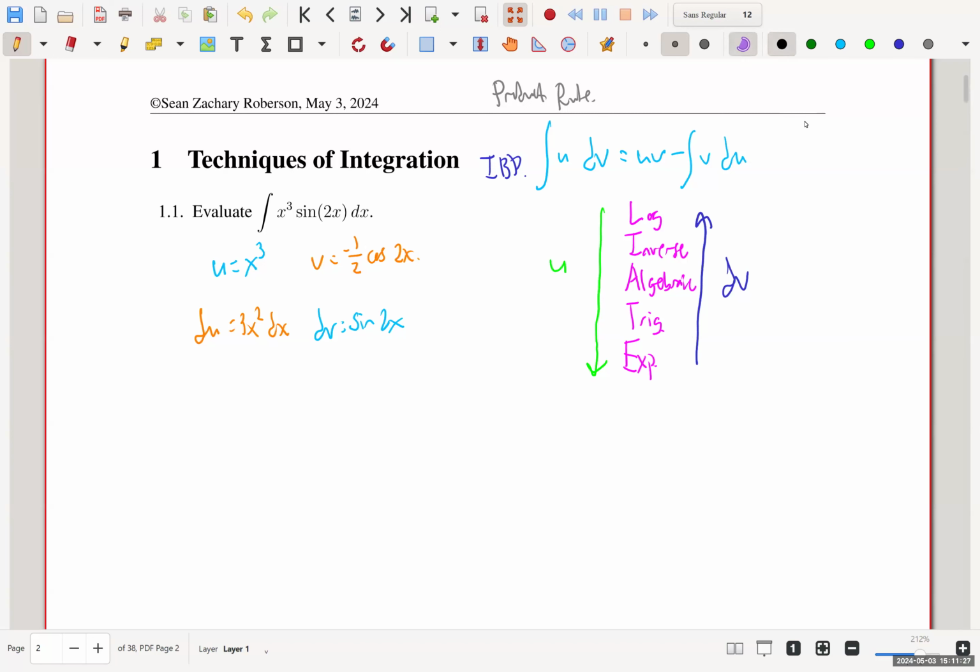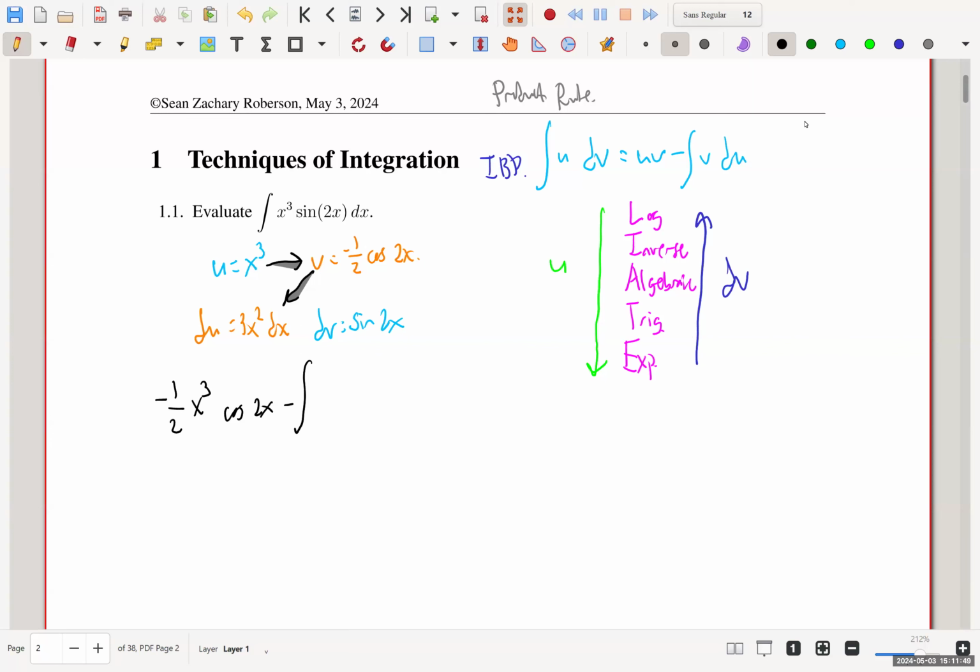uv minus the integral of v du. So this integral, we can reduce this. The integral now becomes u times v, so minus 1/2 x cubed cosine of 2x, minus the integral of v du.